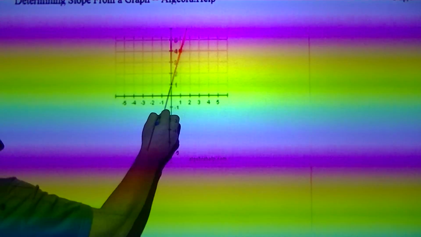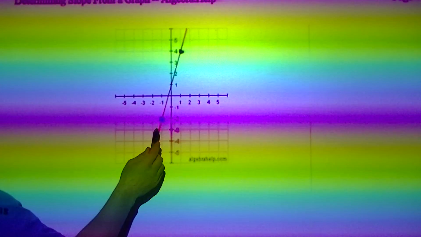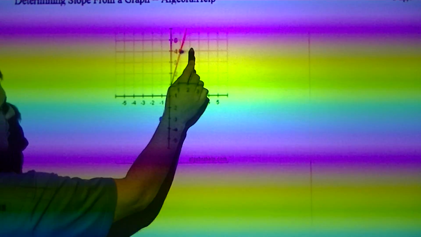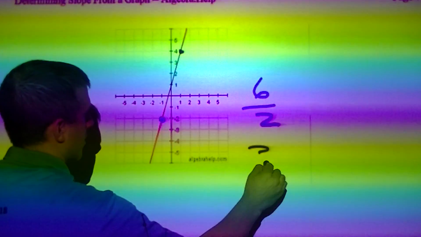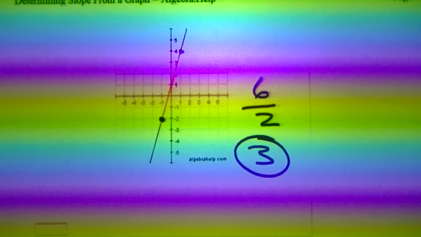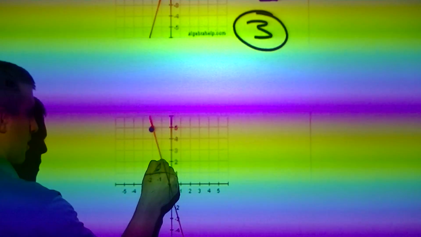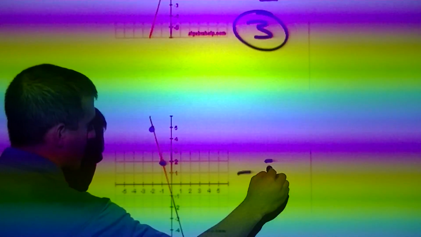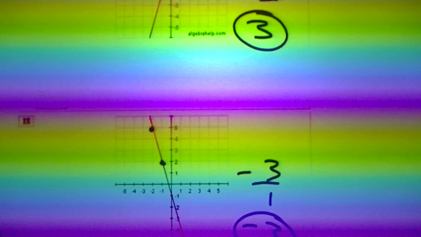This one right here, I'd go from this point to this point. That's up 1, 2, 3, 4, 5, 6 over 1, 2. That gives me a result of 3. This one, I'm going down 1, 2, 3 over 1, which would be a slope of negative 3.